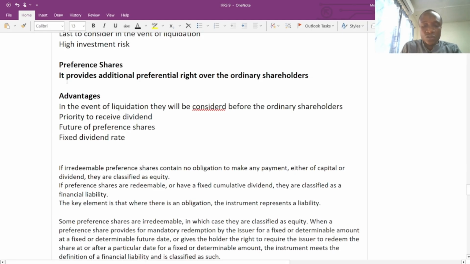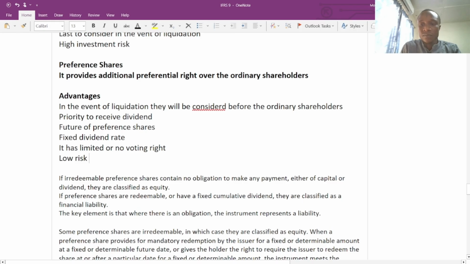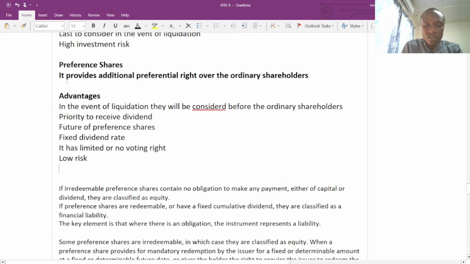Also, it has limited or no voting right. It's low risk. Then potentially it is a hybrid of equity and debt.